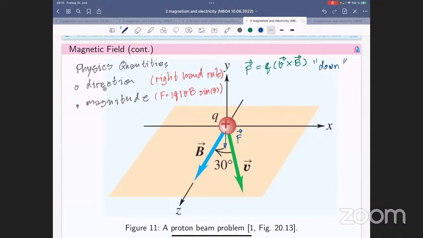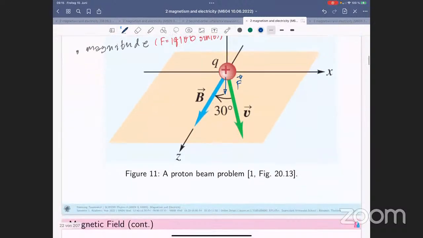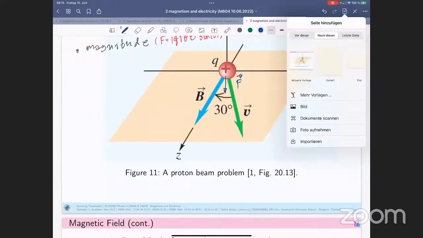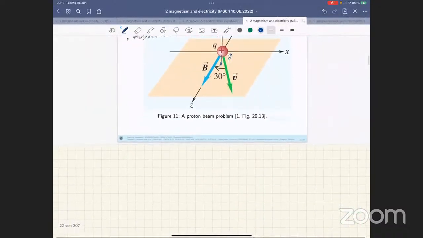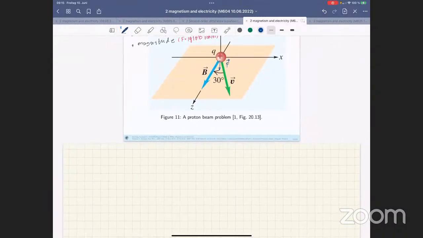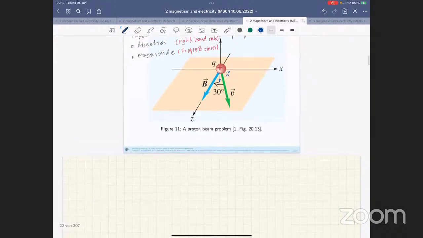We have completed the determination of direction already. The next one is the magnitude. The magnitude of the force can be computed from this formula. I'm going to open the new figure. Right here, the magnitude: what is Q?